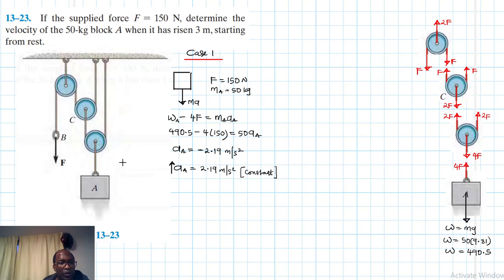We want to find velocity, we have acceleration, and we have distance. We can use this equation: v squared is equal to v naught squared plus 2a(s minus s naught), where v naught is just equal to 0, starting from rest.